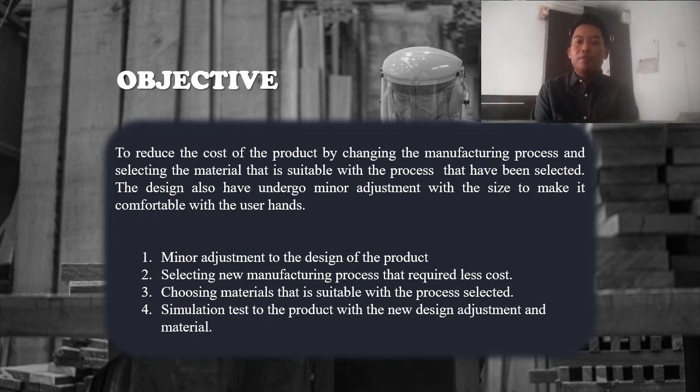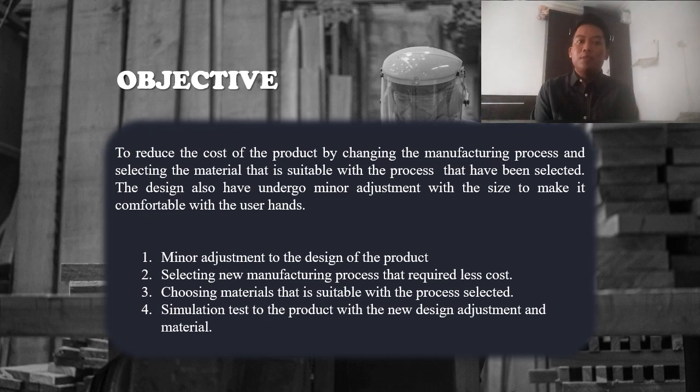The method that we have chosen to lower the price of the product is by changing the manufacturing process of certain parts of the product. And to go with the manufacturing process, some of the materials need to be changed to be able to be manufactured by the process that we have decided.